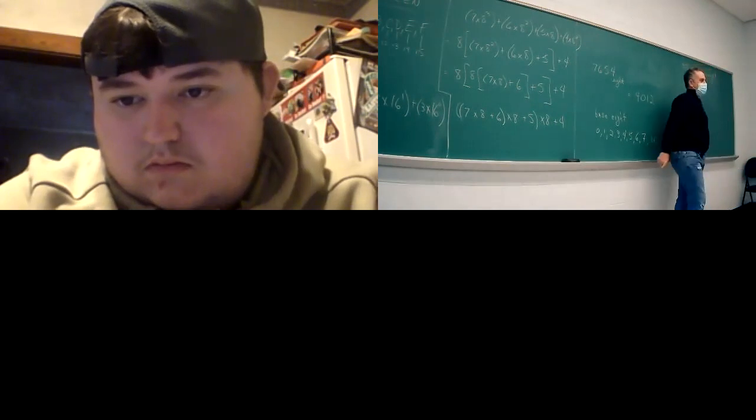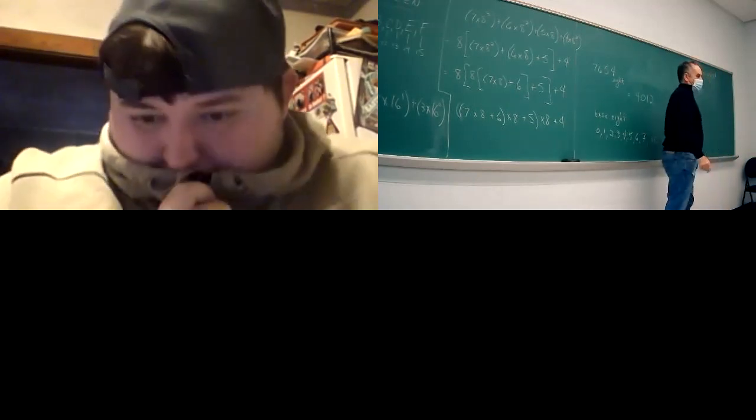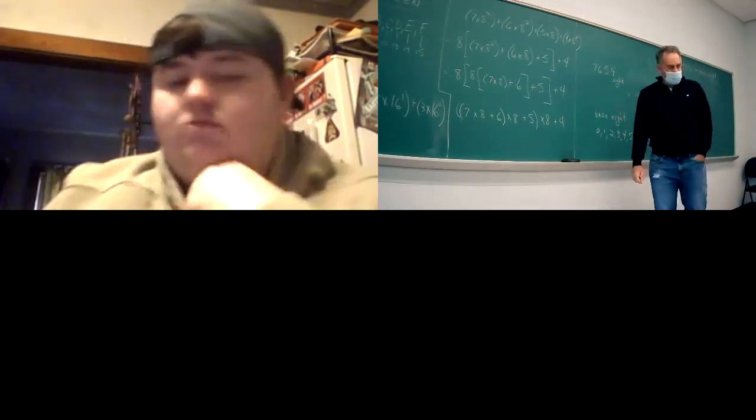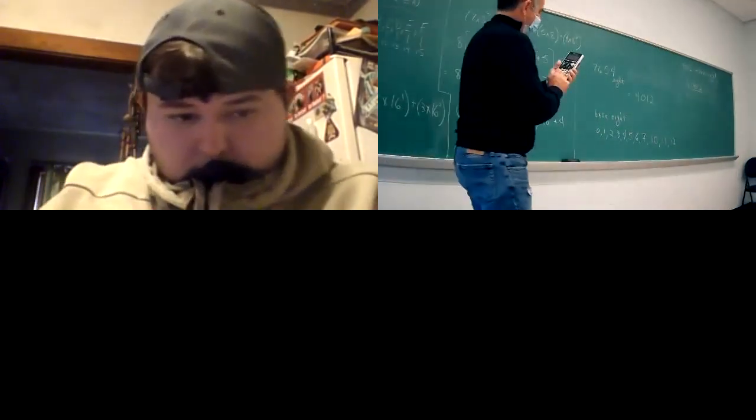Whatever base you want to convert to, you're going to divide the number in base 10 by that base. So 8 divided into 4012. On your calculator, you're going to go 4, 0, 1, 2, divide by 8.